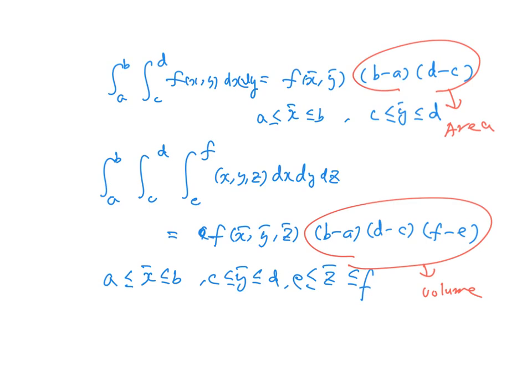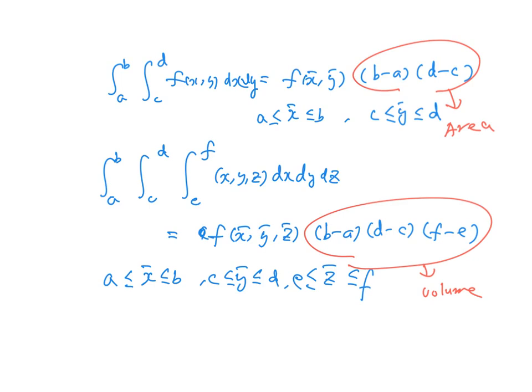X bar will be A and B, Y will be C and D. Second line? X is between A and B. Y is C and D.